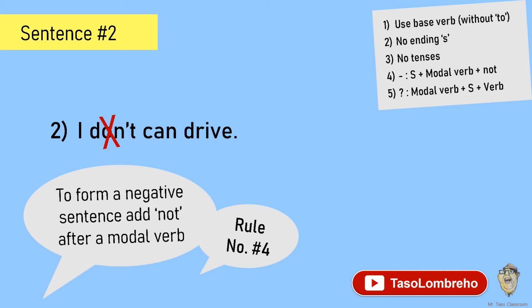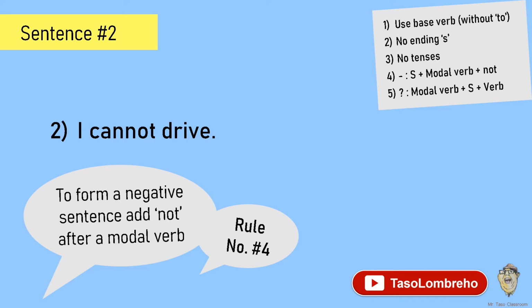And we don't need to use any negative word like don't or doesn't or anything else. That is rule number 4. The structure to form negative sentence is subject, modal verb plus not. So here is the correct sentence. I cannot drive.